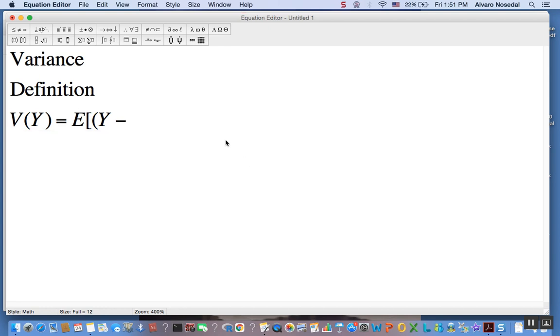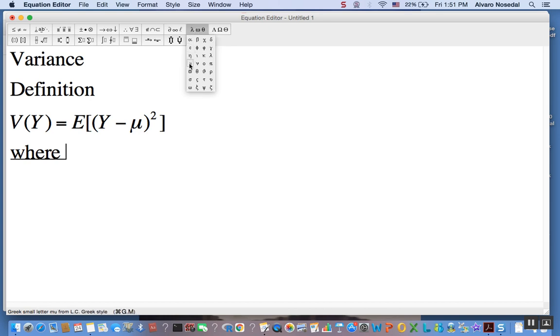It's the expected value of y minus mu square, where that mu, that lowercase Greek m, represents the expected value of y. Okay, so that's another way of referring to the expected value of y, mu.